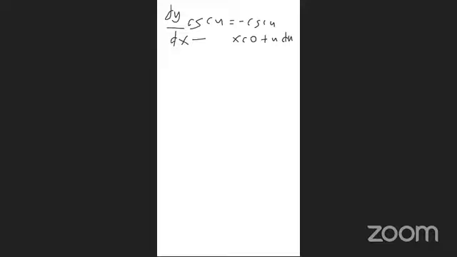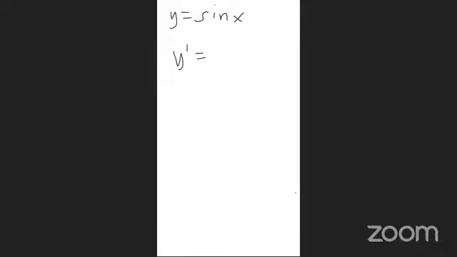So let's say, what's the derivative of sine x? Wait, a new board. So you need to find the derivative of sine x. So y prime is equals to what is the derivative of sine x?